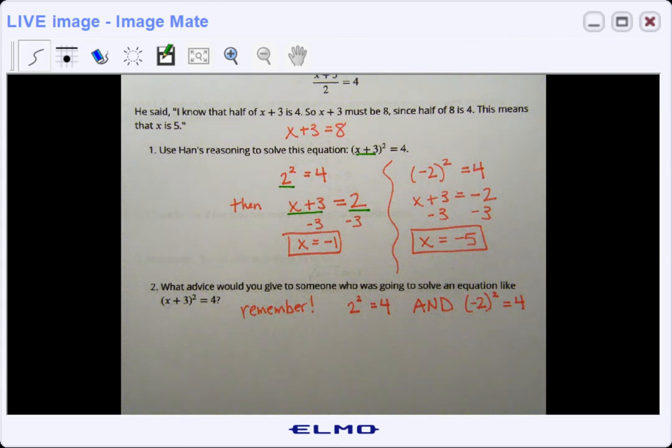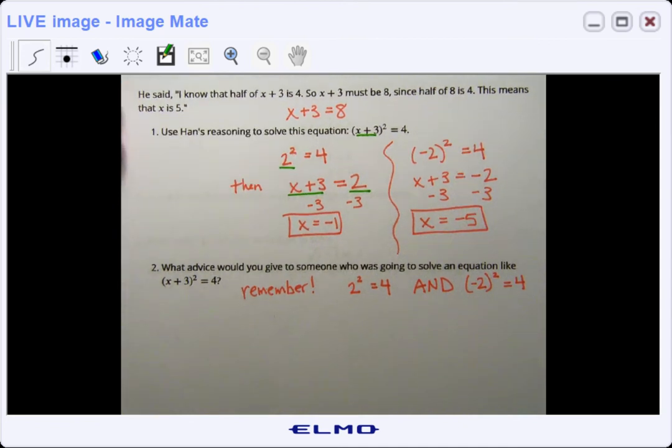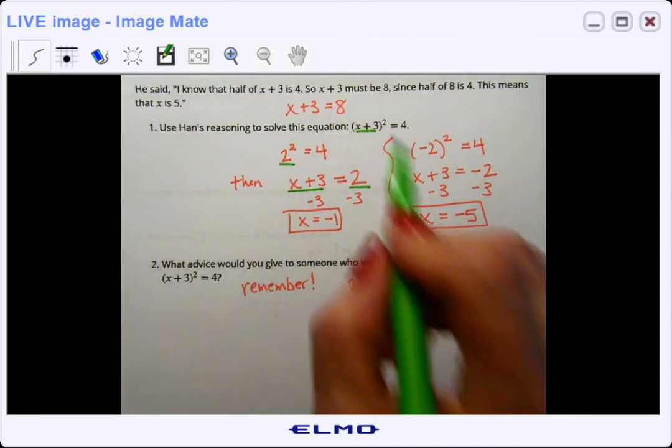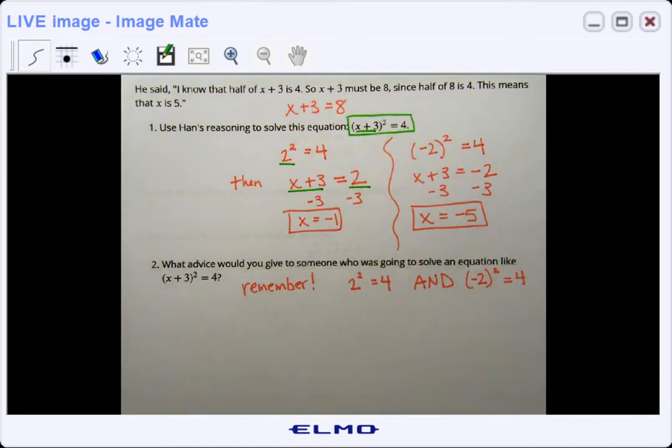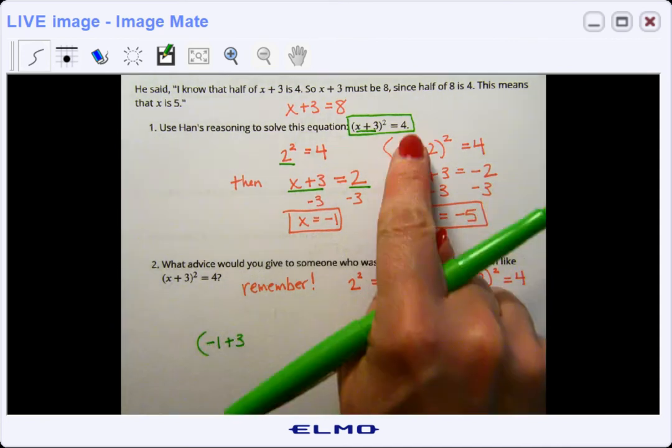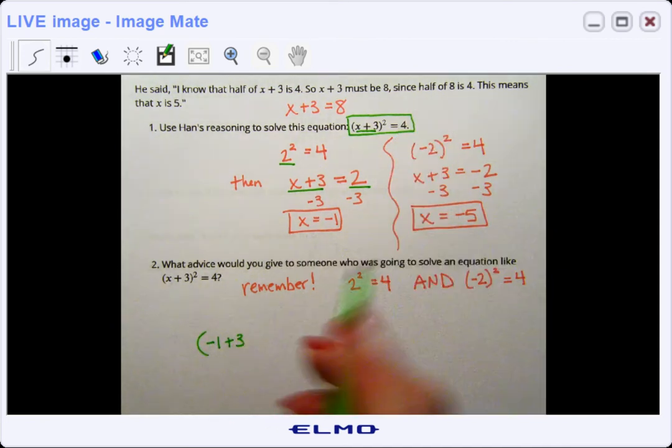And because this is kind of a new concept, we're going to go ahead and just check those real quick. So the original equation, (x plus 3) squared equals 5. Sorry, equals 4. I said 5, I meant 4. -1 plus 3 squared.